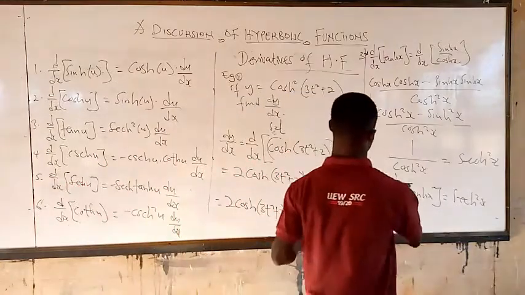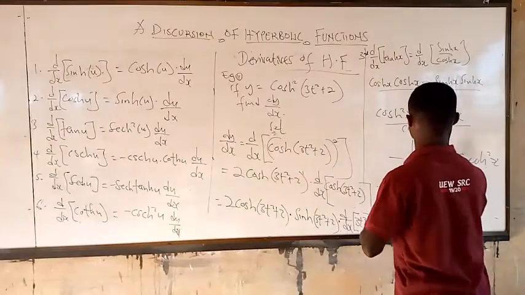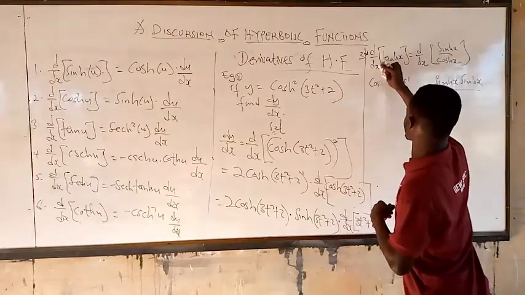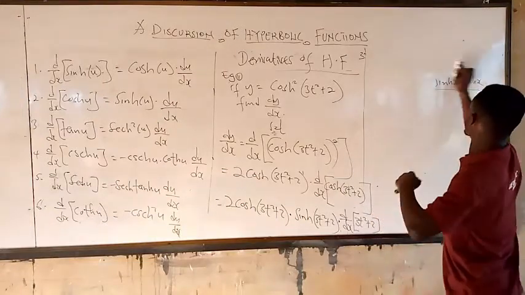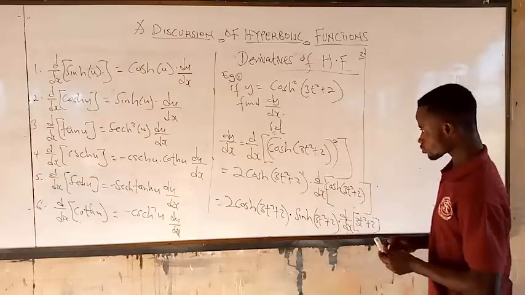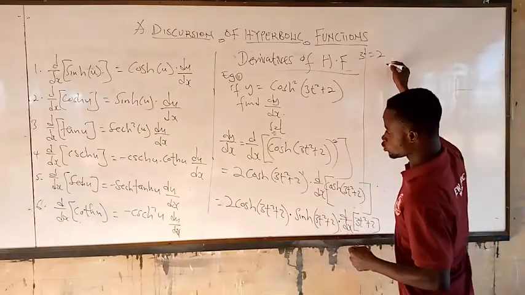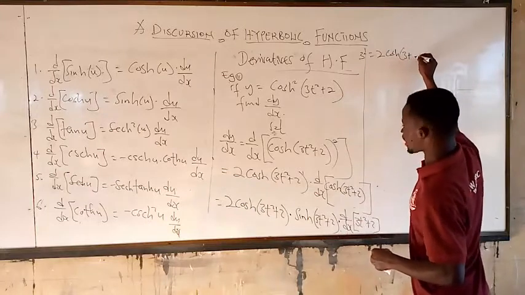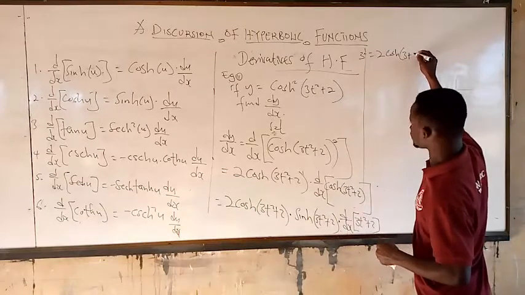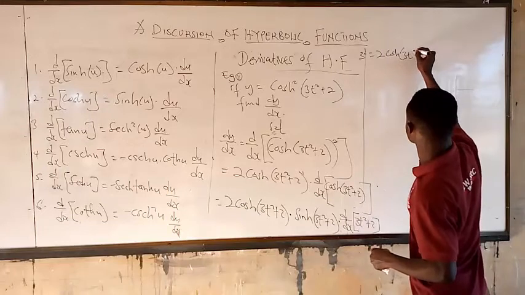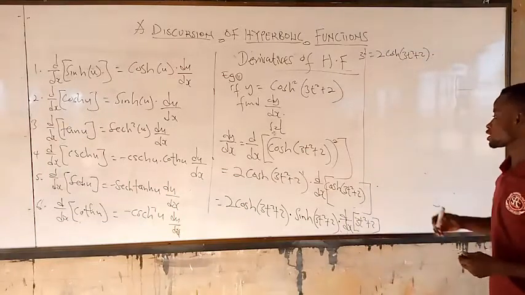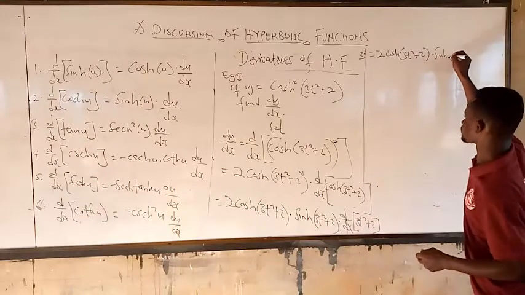Let's continue. So you get 2 cos(3t squared plus 2) multiplied by sin(3t squared plus 2).